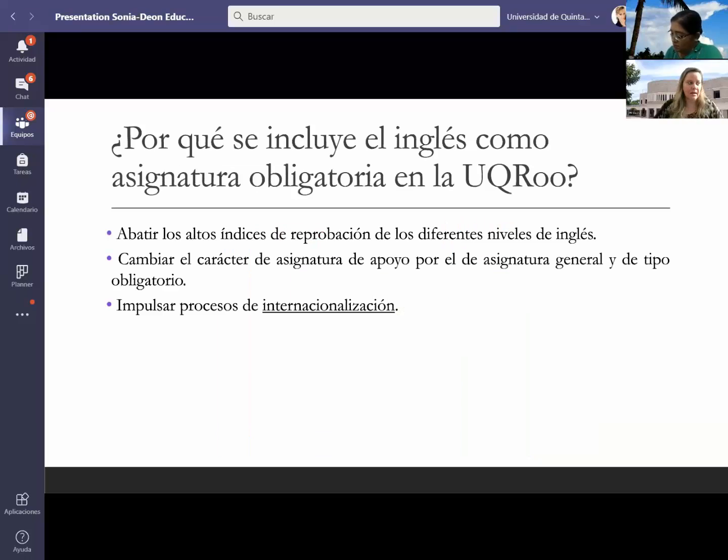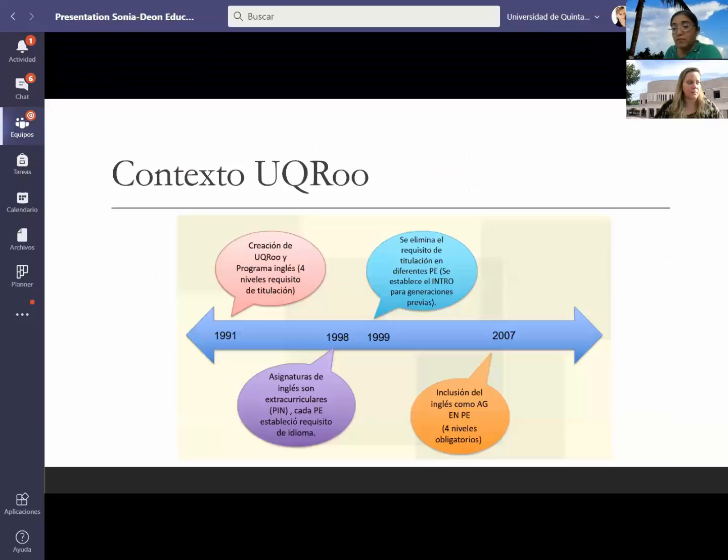Entonces, perdón, me salté una. Hablando del contexto de la UCRO específicamente, que es donde muchos de ustedes también van a realizar sus prácticas, vemos que a principios de los años 90 se crea nuestra universidad, entra dentro del programa de inglés 4 niveles como un requisito de titulación, ¿sí?